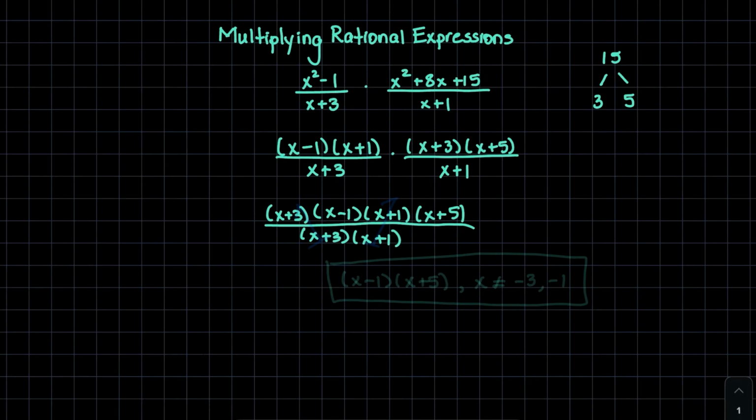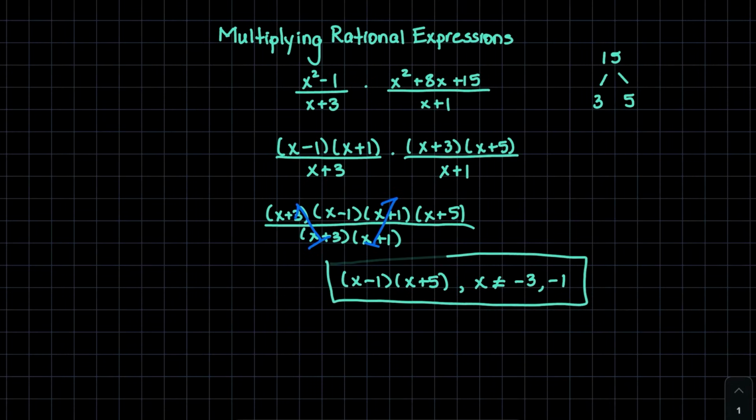We have a common factor of x plus 3 and a common factor of x plus 1, so those simplify to 1. So we're left with x minus 1 times x plus 5, acknowledging x cannot equal negative 3 or negative 1.